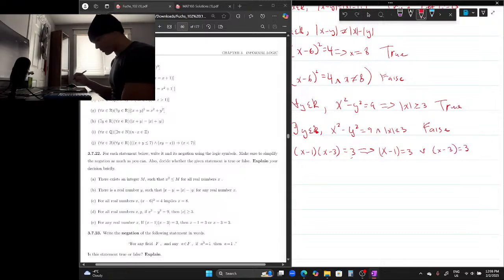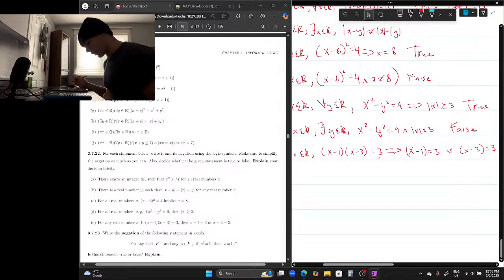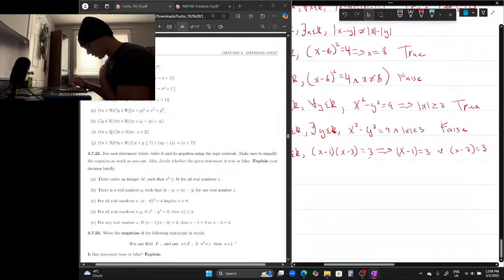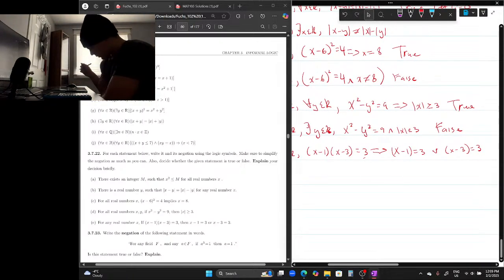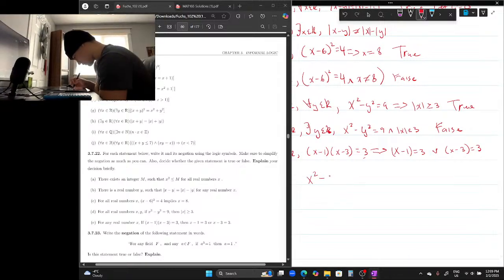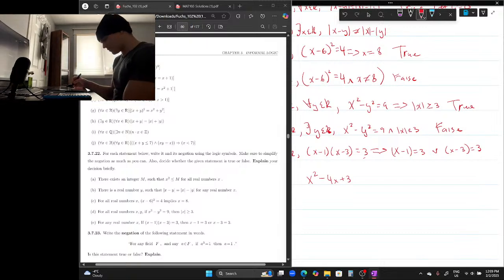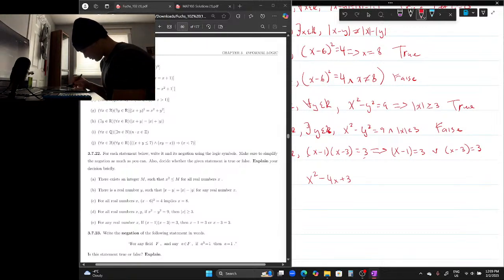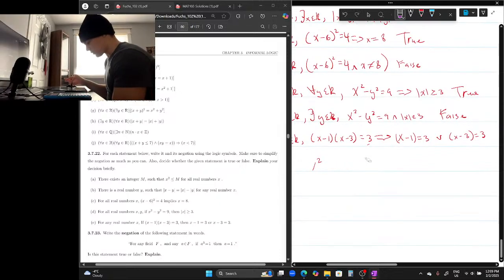Okay, what are we reading? So x minus 1 times x minus 3 is equal to 3, then... Okay, so if we expand this it becomes x squared minus 4x plus 3, I think. Wait, sorry.